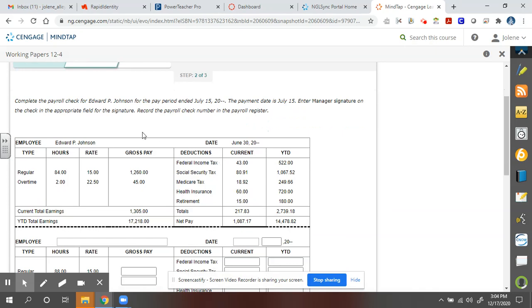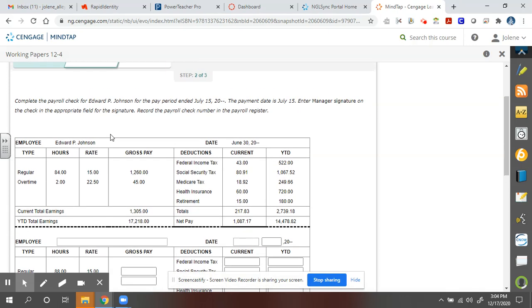Now, here is Edward P. Johnson for the end of June. That was his last paycheck, and now we're preparing his next paycheck for July 15th. When we write the check, we're going to put manager signature on that signature line.